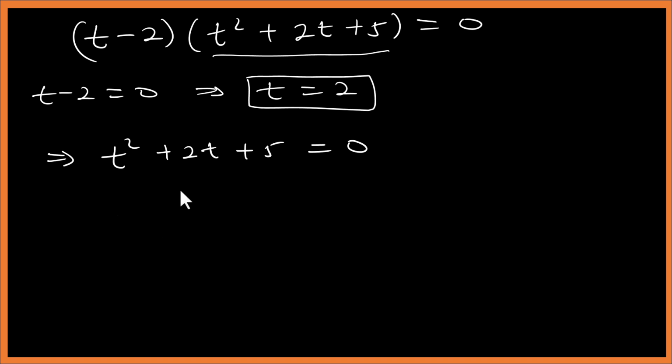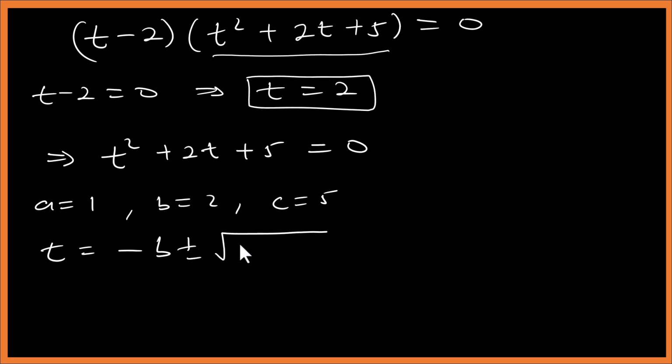Okay, so let's use the quadratic formula. So a equals 1, b equals 2, then c equals 5. So my t is minus b plus or minus the square root of b squared minus 4ac, all on 2a.